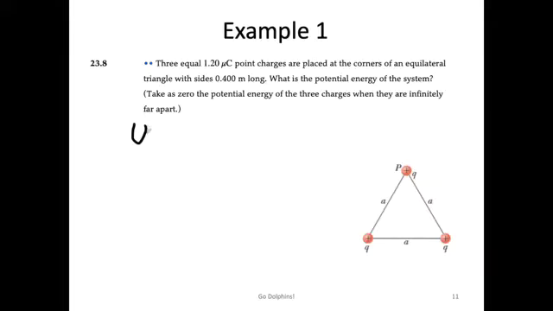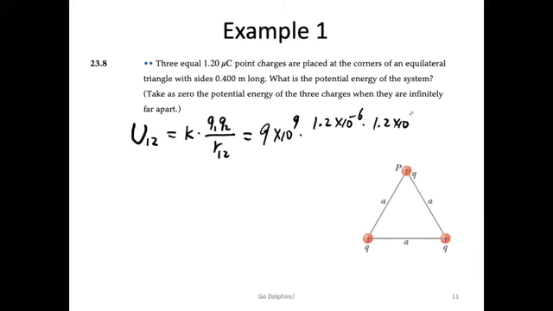So let's calculate U12, K Q1 Q2 over R12. K is 9 times 10 to the power 9. I use SI units everywhere, so I don't need to worry about the units. This is Q1, Q2. The distance between Q1 and Q2 is 0.4 meter.